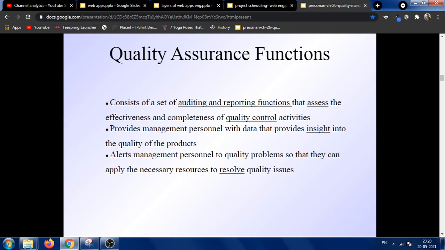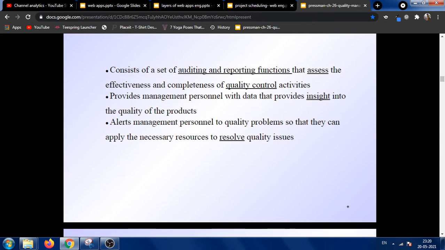Next, it provides the management personnel with the data that gives insight into the quality of the product. There are management people involved in checking whether the quality of the product is being achieved or not. So the management is also one of the assurance functions, in how the personnel are involved in assuring the quality of the product.